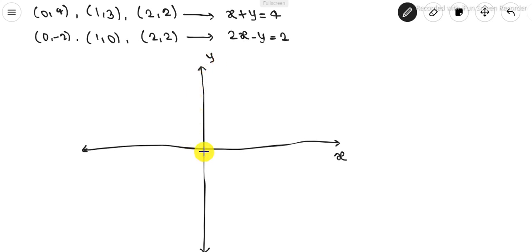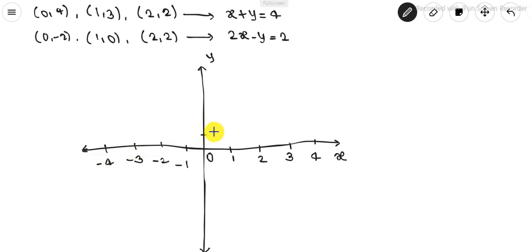All of you know that on the right-hand side of the origin the x-coordinates are positive, and on the left-hand side of the origin the coordinates are negative, that is minus 1, minus 2, minus 3 and minus 4. Same for the y-axis.